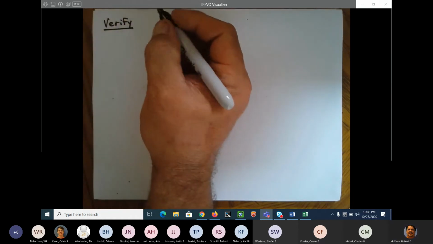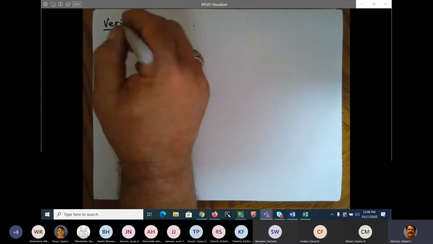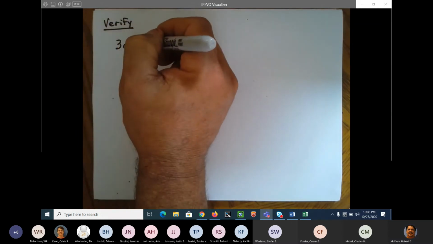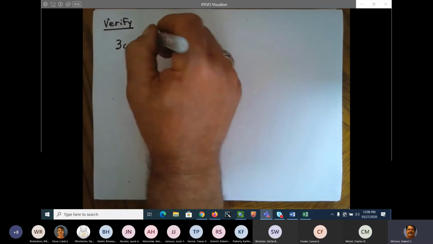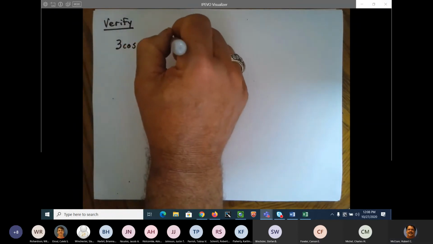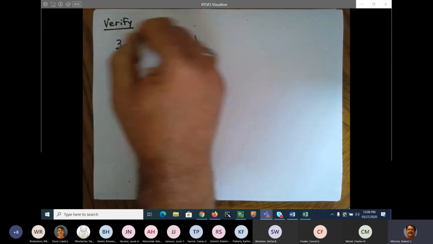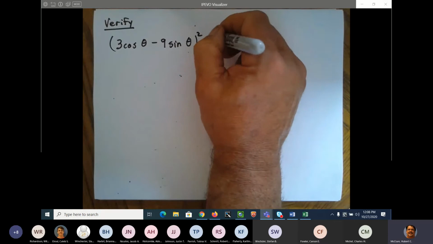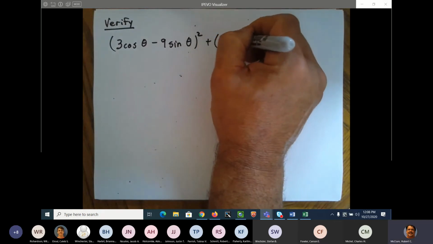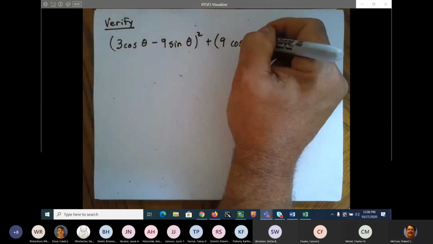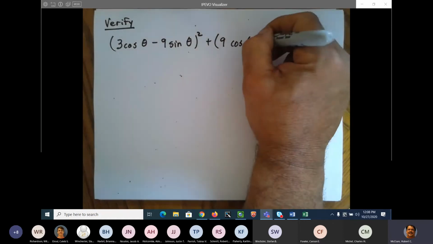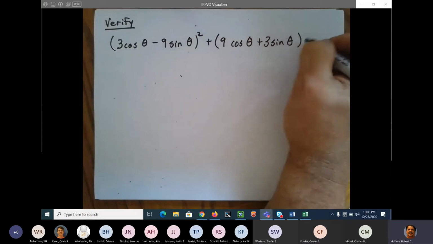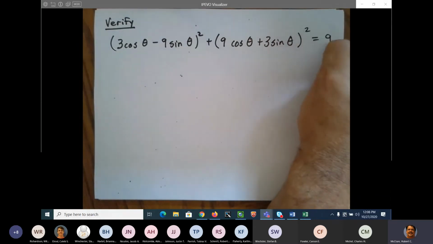Verify. 3 cosine theta minus 9 sine theta, squared, plus 9 cosine theta plus 3 sine theta, squared, equals 90.